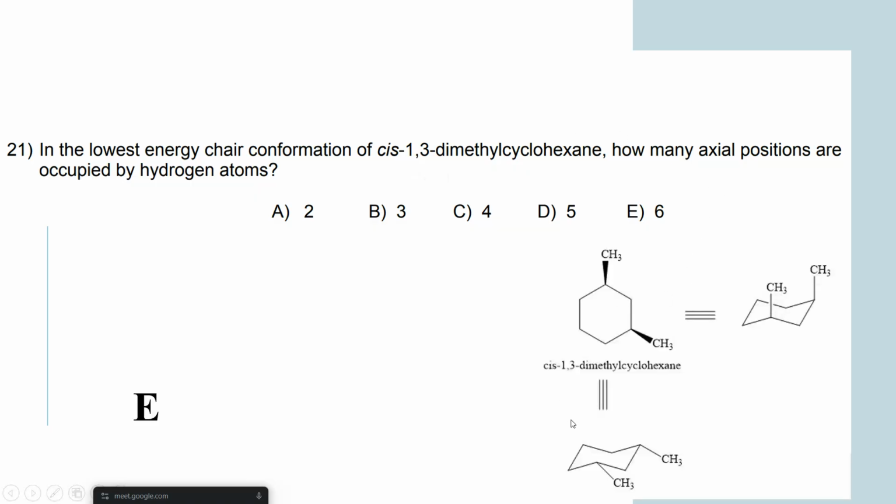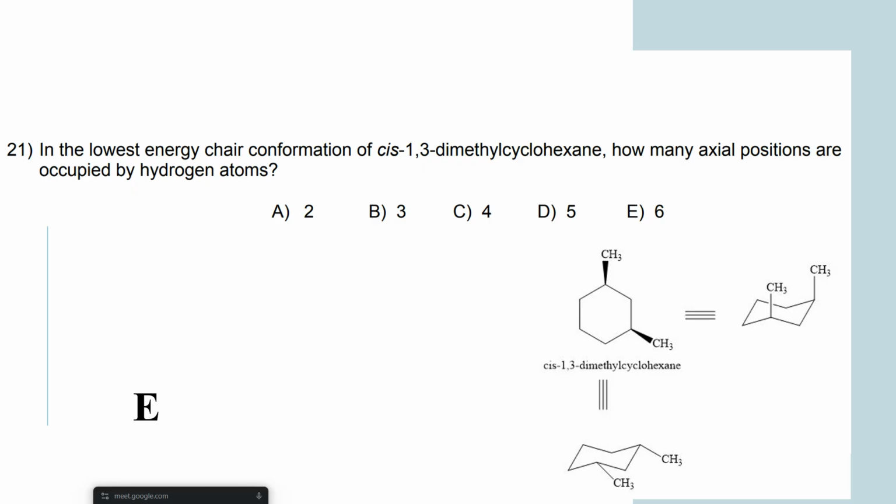Out of these two conformations which I am showing here, the lower one will be the lowest energy chair conformation, because both the methyl groups are in equatorial positions. So, as the question asks, how many axial positions are occupied by hydrogen atoms?